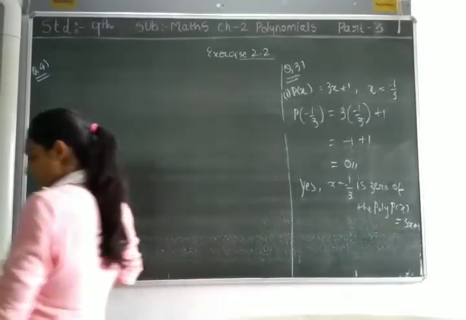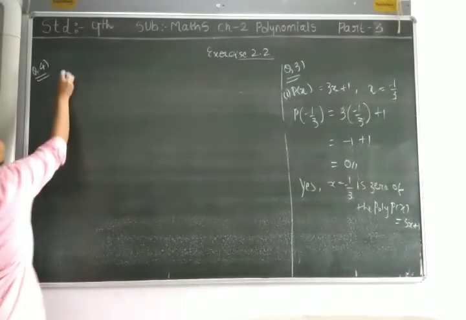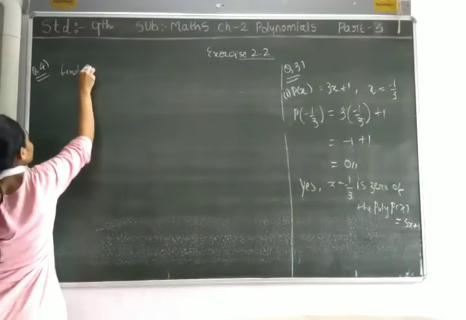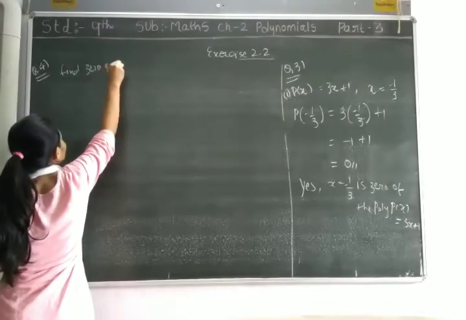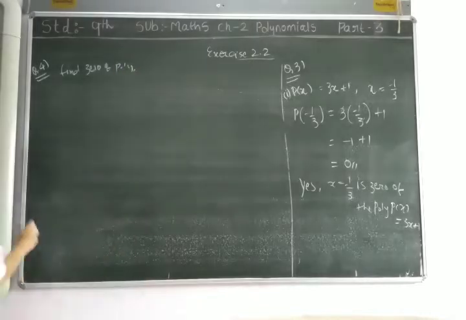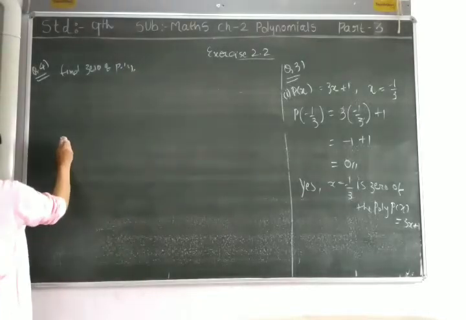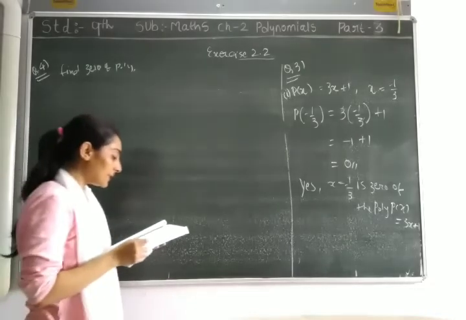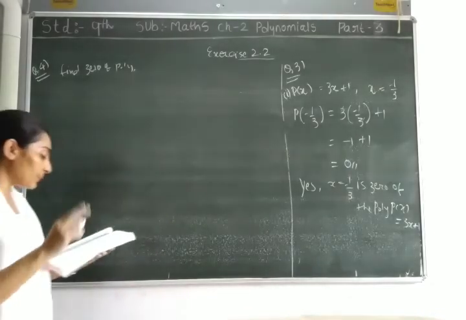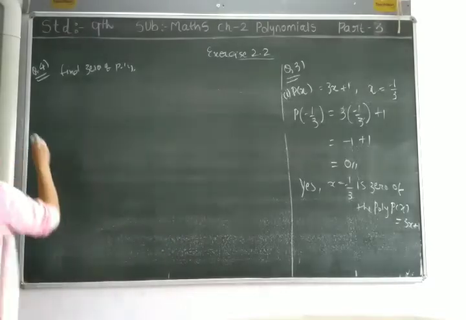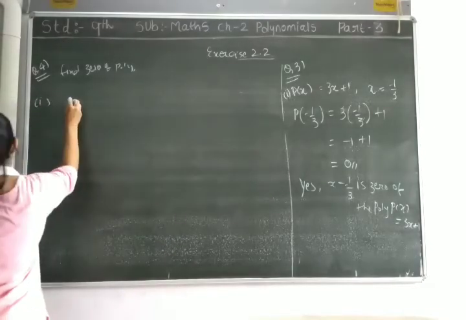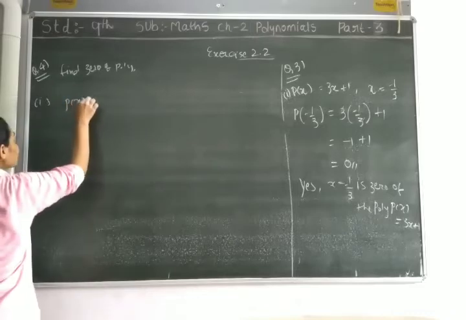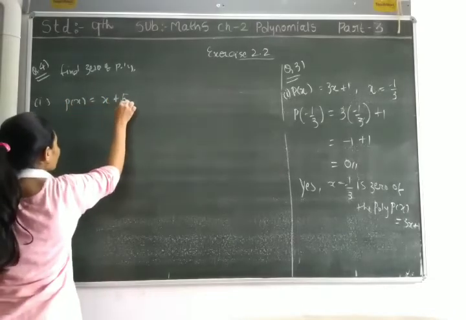In each of the following cases, we have to find the zeros of the polynomial. I'm going to do 2 questions. First one, let's say p of x equals x plus 5.